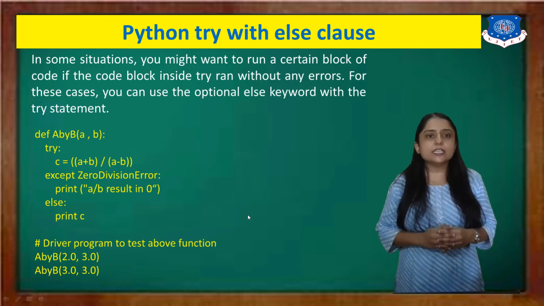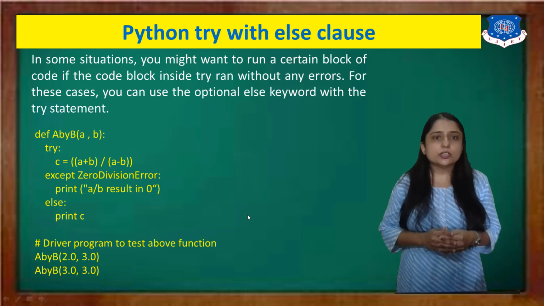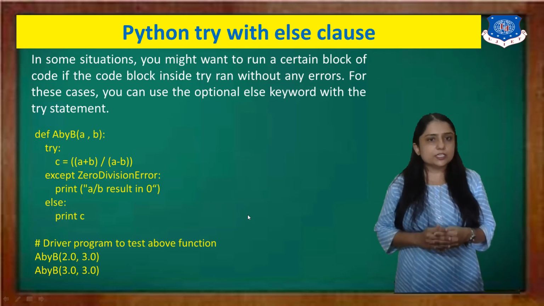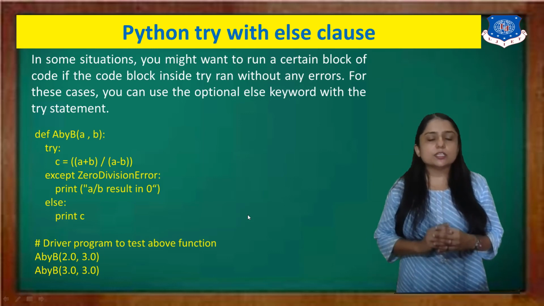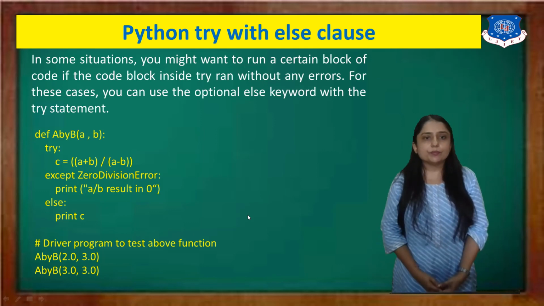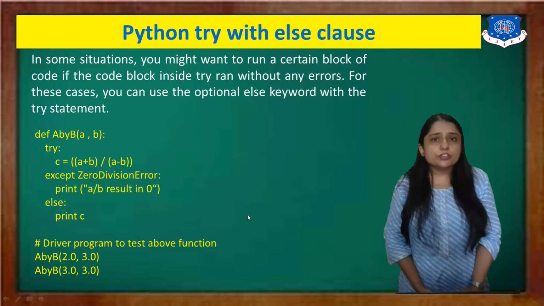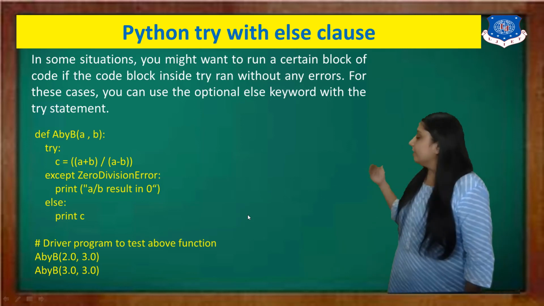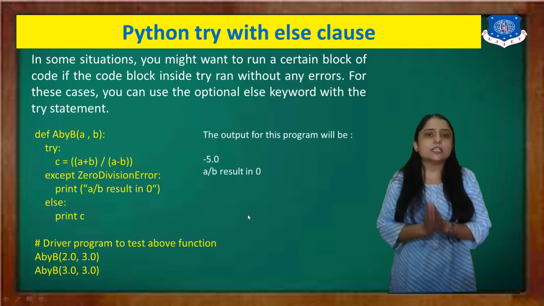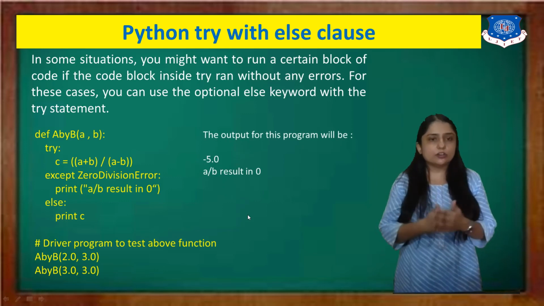It will compute 2 plus 3 divided by 2 minus 3. So 2 plus 3 is 5, 2 minus 3 is minus 1, so my answer is minus 5. There is no zero division error, so it simply prints the value of c. When I run this, my first answer is minus 5, that's all right.